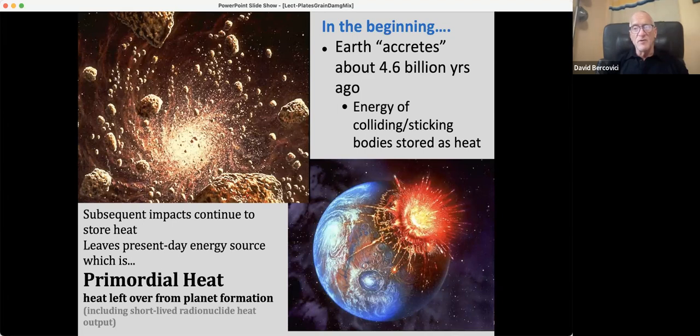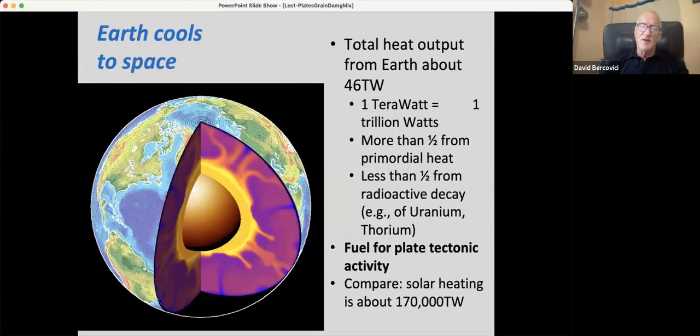And probably more than 50% of that is still coming out of the planet 4.5 billion years later to drive convection. The total amount of heat coming out of the planet is about 46 trillion watts. Probably more than half of that is primordial heat left over from the accretion of the planet.